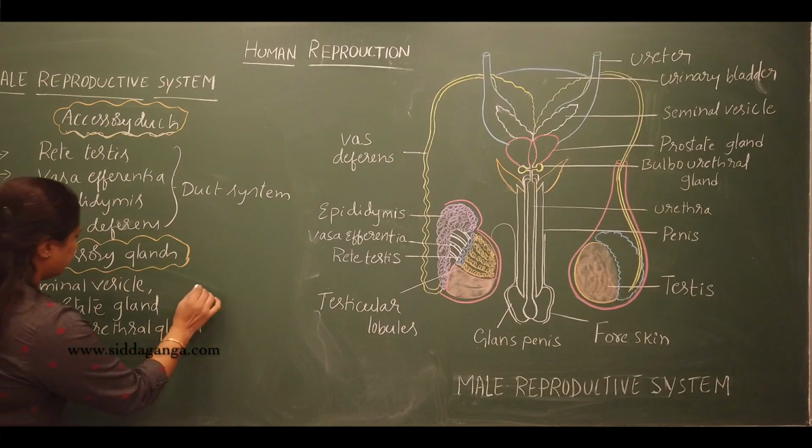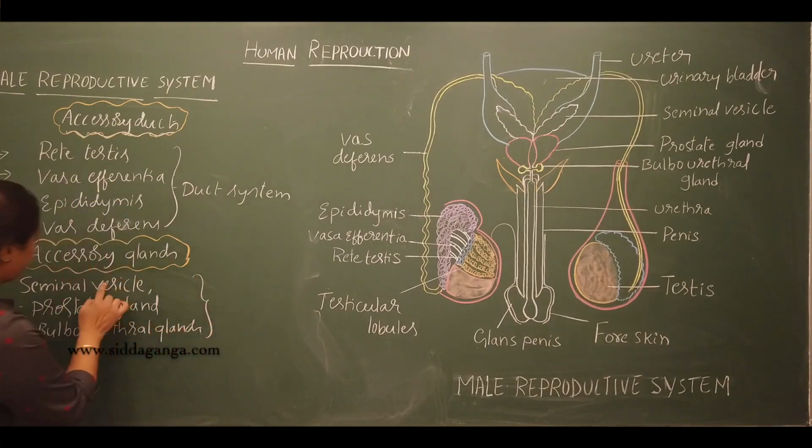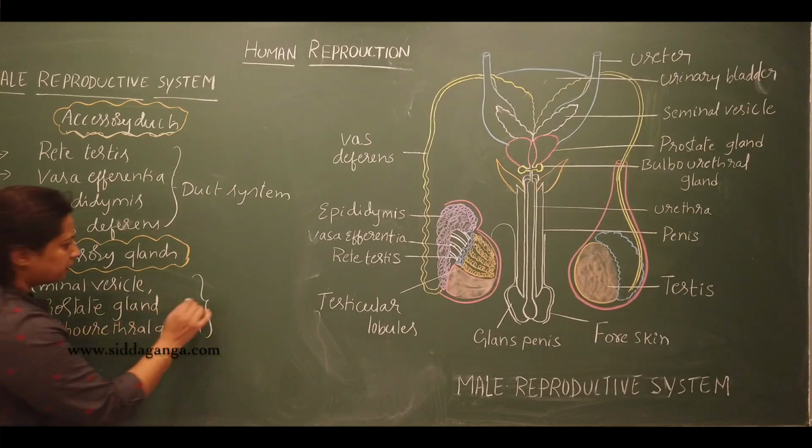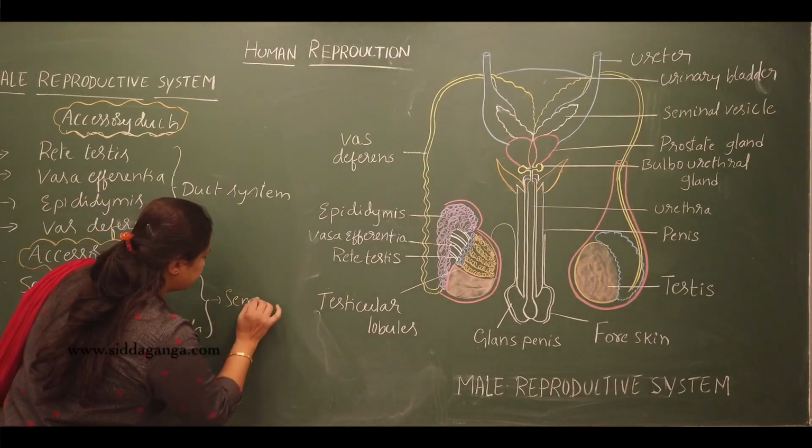So all these are called as what? The accessory glands. The secretion of all the three glands is called the semen.